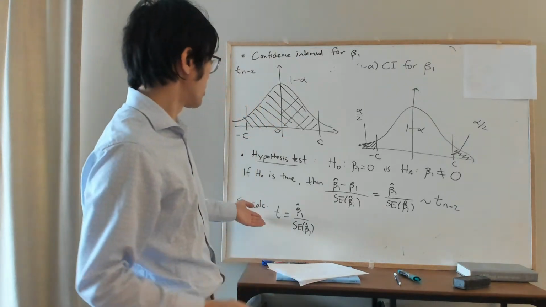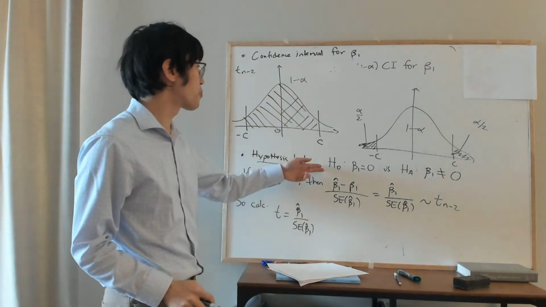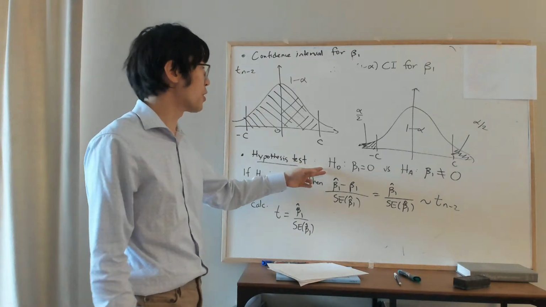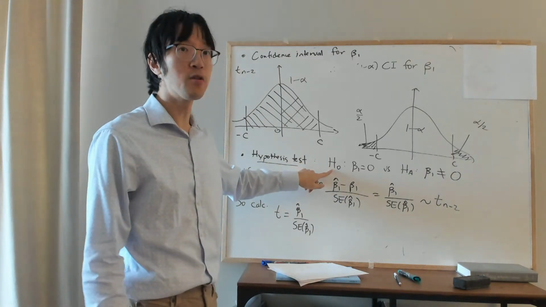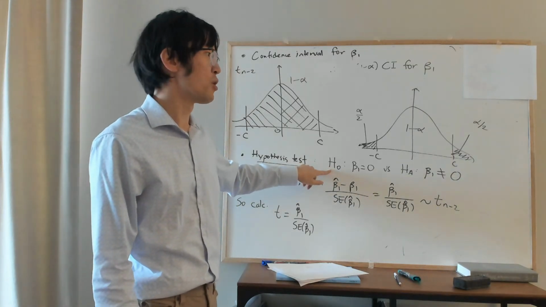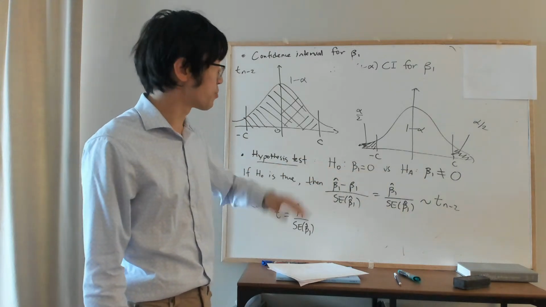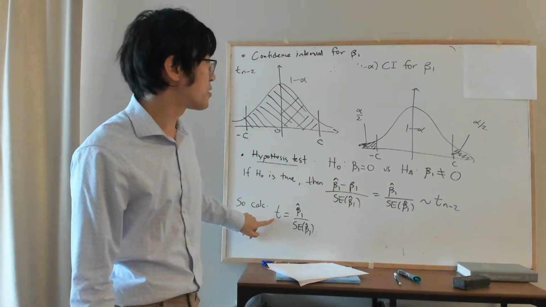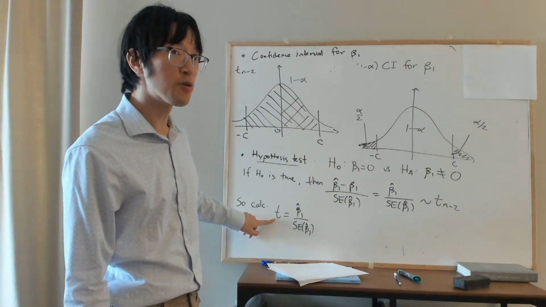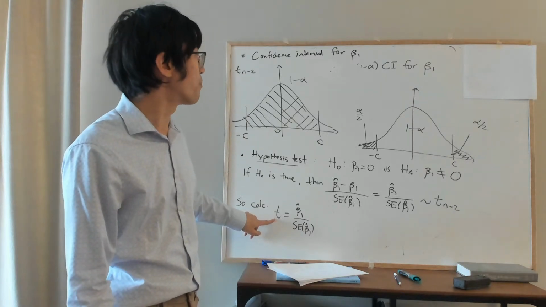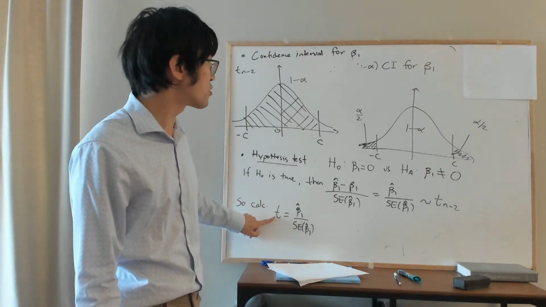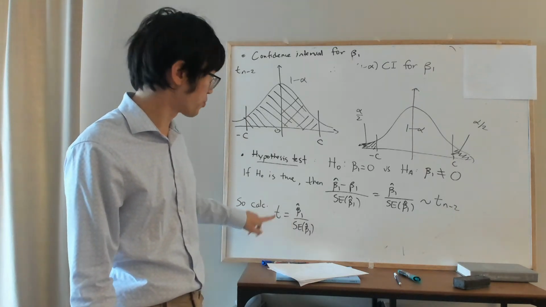Intuitively, when are we going to conclude that the null hypothesis is to be rejected? This test statistic gives us a distribution when the null hypothesis is true.